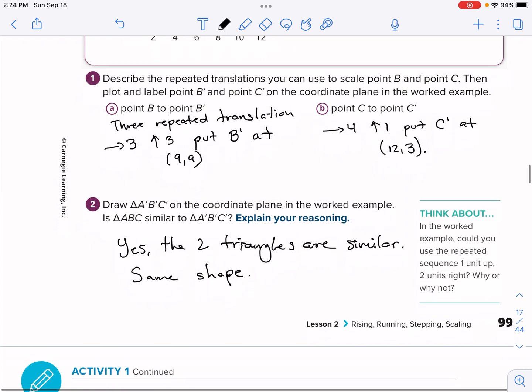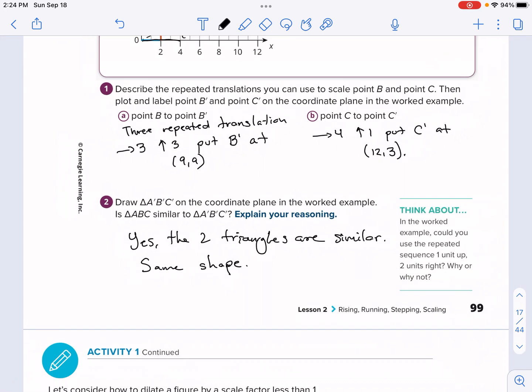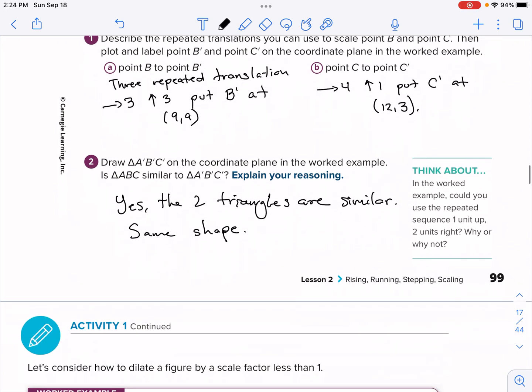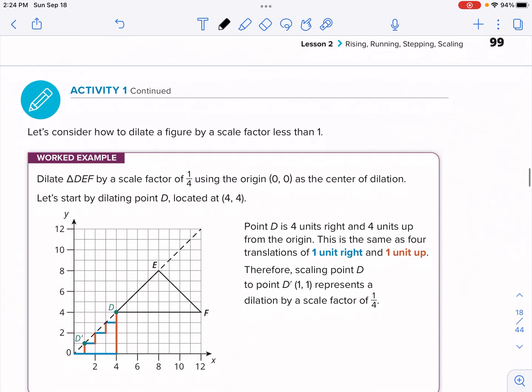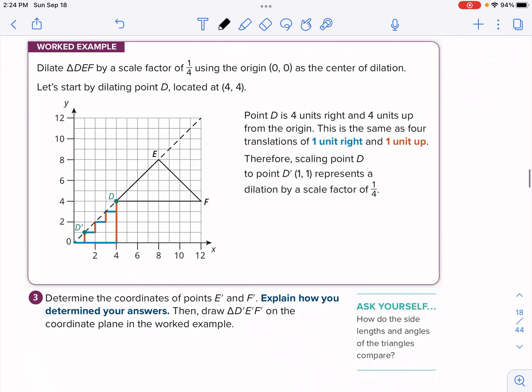Okay. All right, and now let's move on to the second part of activity 2, working a different way, which is now instead of enlargement, we have a reduction here. So this is saying we're going to take triangle DEF, and we're going to reduce it by a scale factor of 1/4. Now we remember 1/4 means to divide by 4.